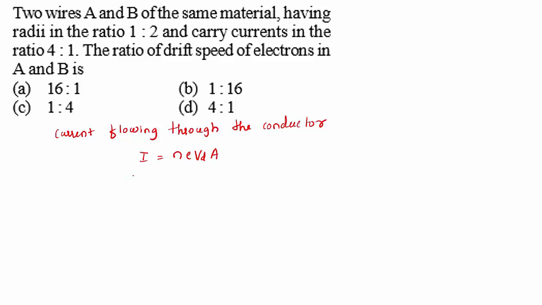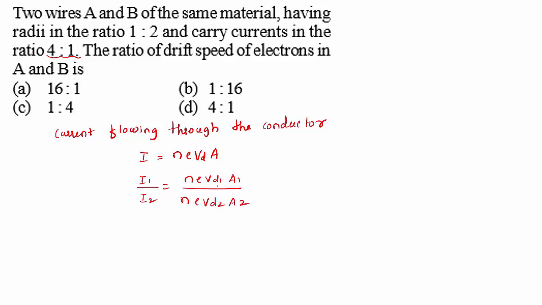So we want the current in the ratio 4:1. That means I can take it as I1 divided by I2 equal to N E Vd1 A1 divided by N E Vd2 A2. This ratio we can easily calculate.